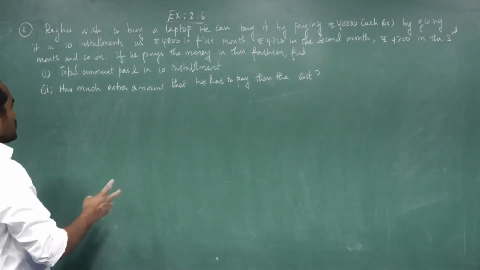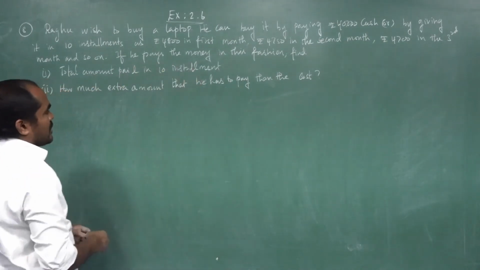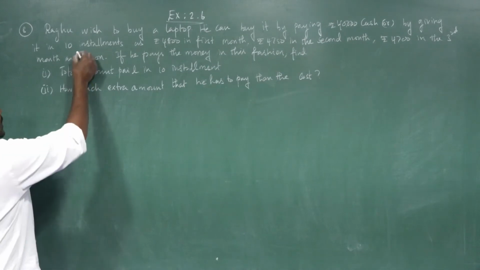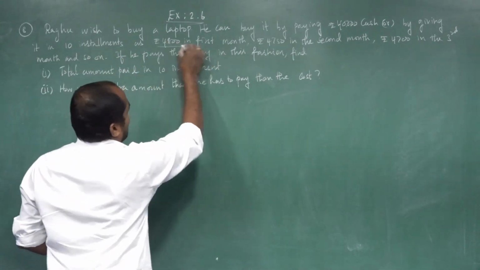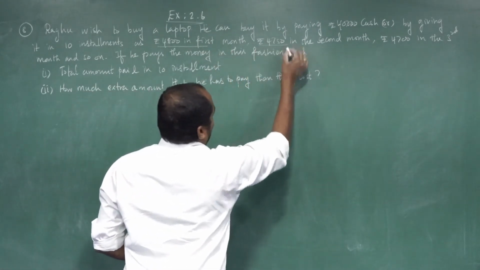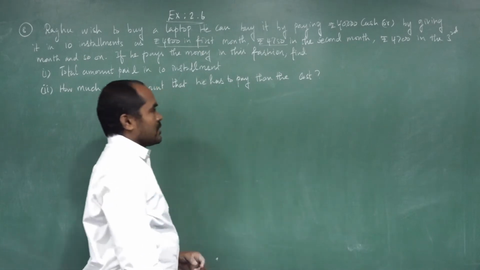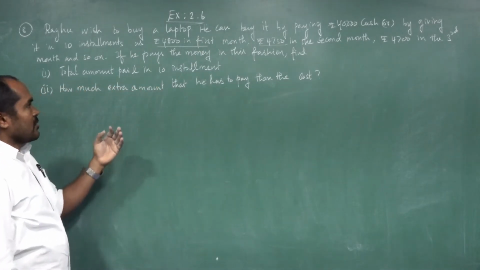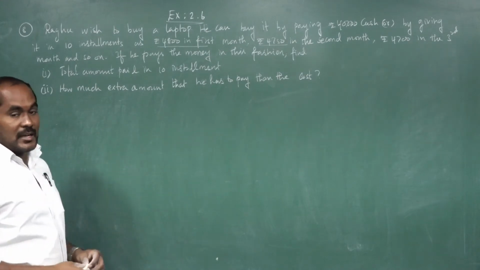So we have two questions. First, total amount paid in 10 installments. So look, the 10 installments are given: 4,800 in first month, 4,750 in second month and 4,700 in third month. So the common differences are minus 50, minus 50 and minus 50. So common differences are same.